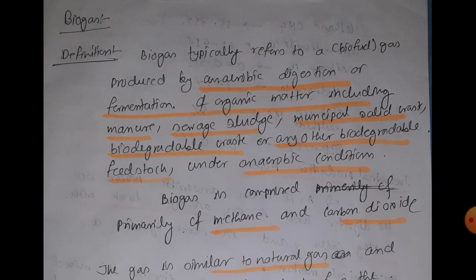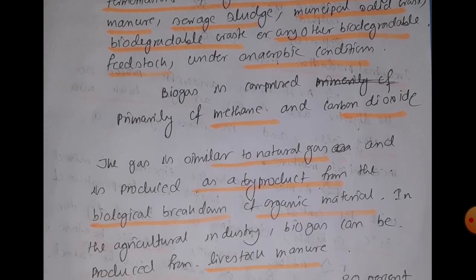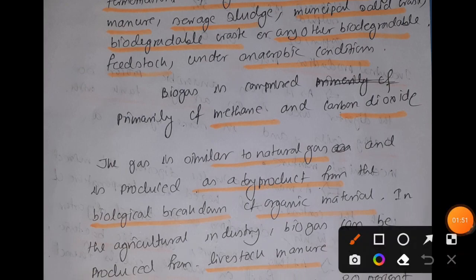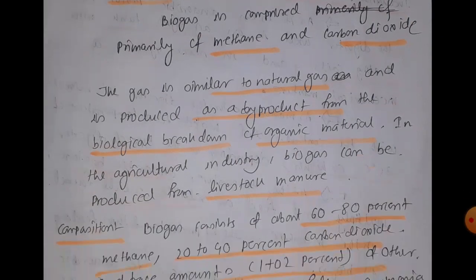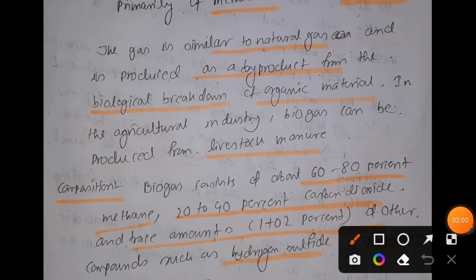So organic matter fermentation or anaerobic digestion gives us biogas. The main two components of biogas, remember it very carefully, you may get an MCQ from this, are methane and carbon dioxide. This gas is similar to natural gas, and it is the byproduct of the biological breakdown of the organic material.